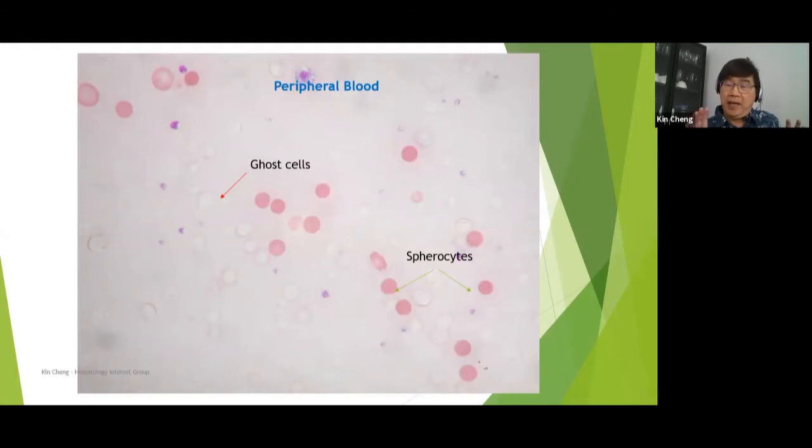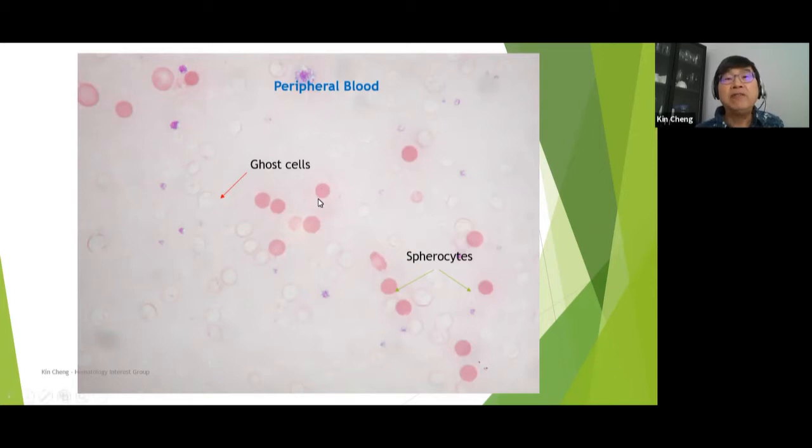So again, when you look at the slide, make sure that you don't just get so excited about the obvious. You have to be excited about what is not so obvious as well. When you just look at this slide, you see some red cells, but not many, which is what is indicated by the red count of only 1.01, right?